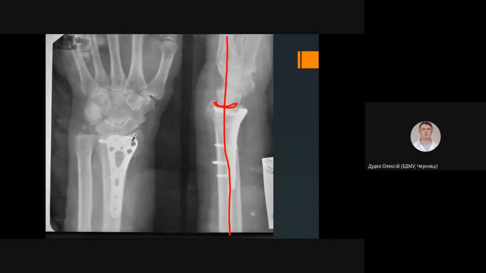We also see that there is a metal device which is lying on the surface of the bone on the anterior surface, because that is anterior part. So this is a plate which is fixed with screws.